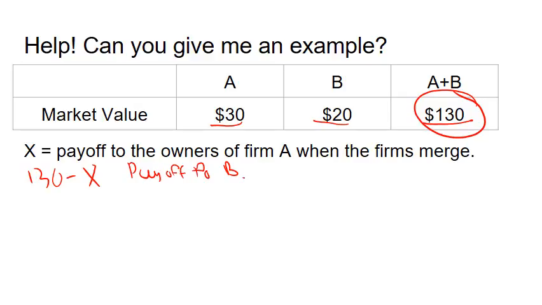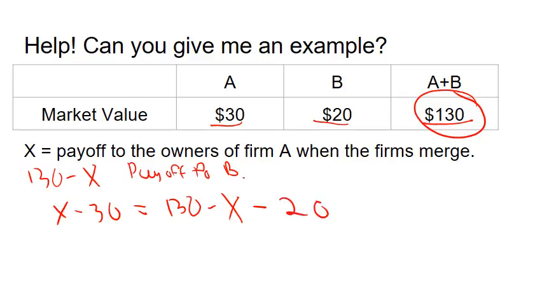The gain that A obtains when it agrees to the merger is going to be X minus 30. X is what it gets when it agrees to the merger. 30 is the default value. And the gain to the B player is going to be what it gets when it agrees, 130 minus X, less its default value, which is 20.